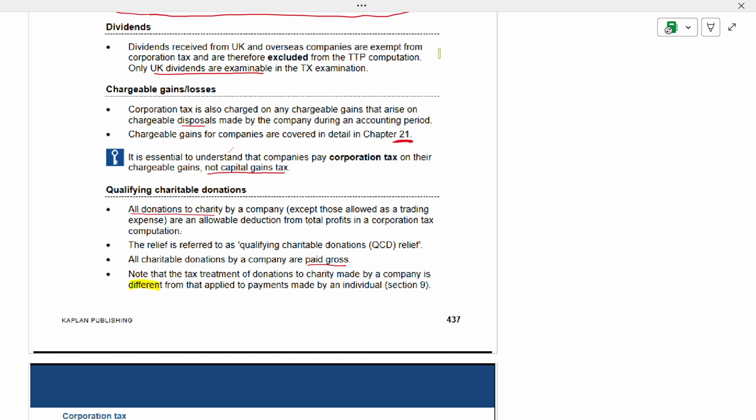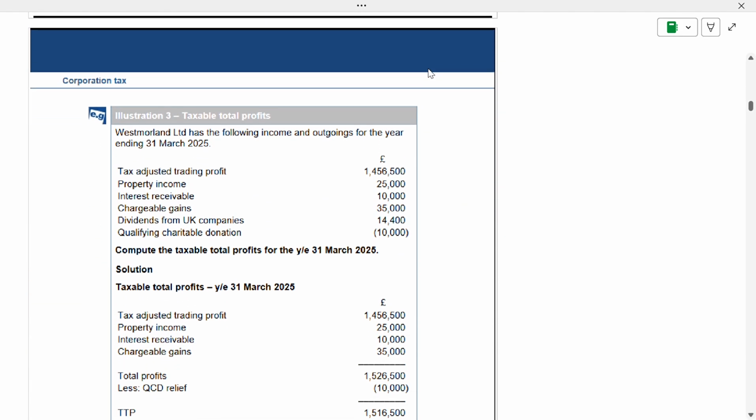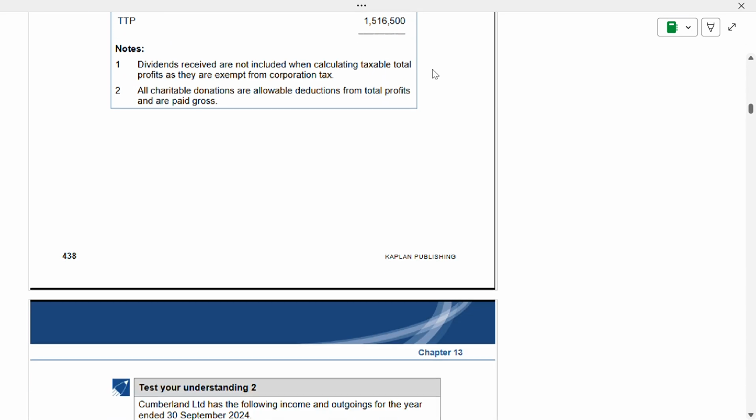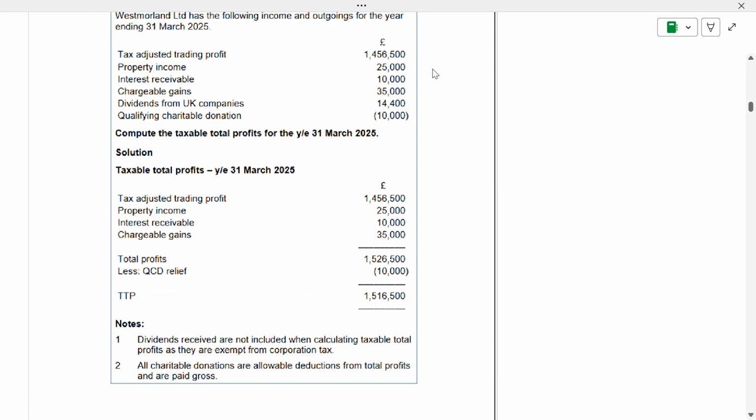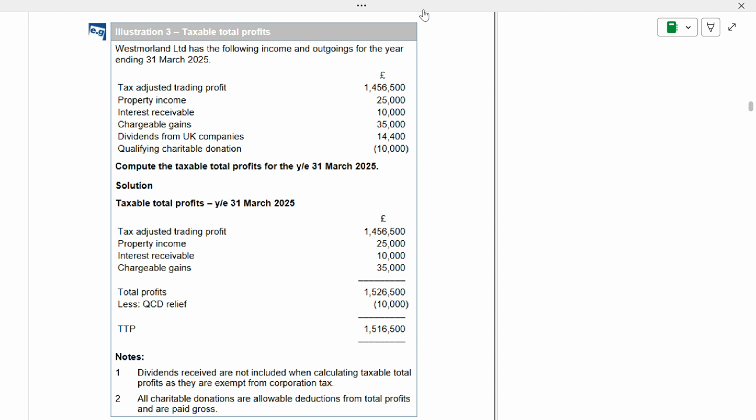Note that the tax treatment of donations to charity made by a company is different from that applied to payments by individuals. Keep it in mind. This is entirely different: the individuals' rules are different and the company's rules are different. Is it okay with you? Yes, sir.